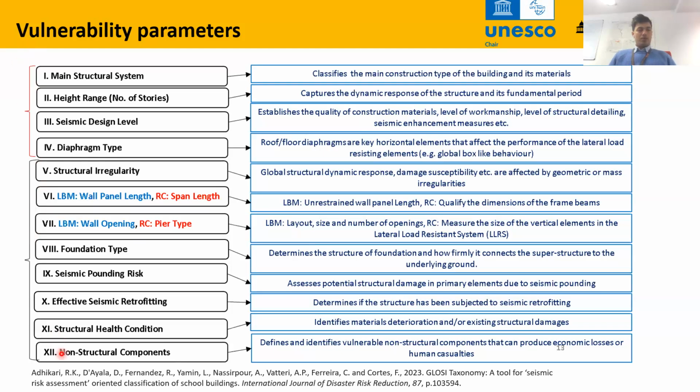These are 12 parameters listed here, from the material and structural system to height range to seismic design level and so on. We will see each one by one, but very briefly, and we will see how the construction practice affects these vulnerability parameters and therefore results in particular deficiencies.